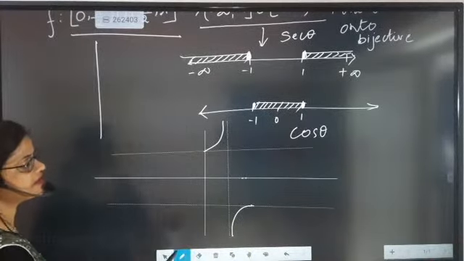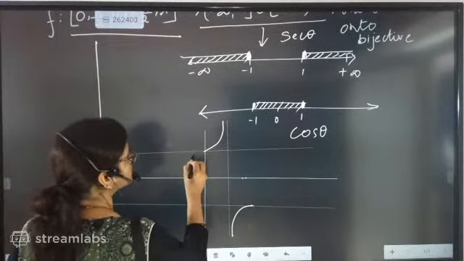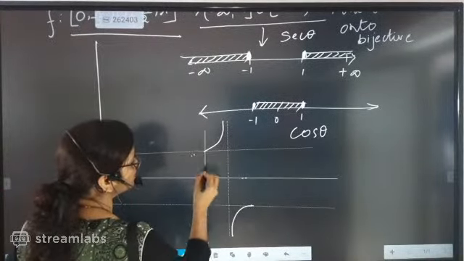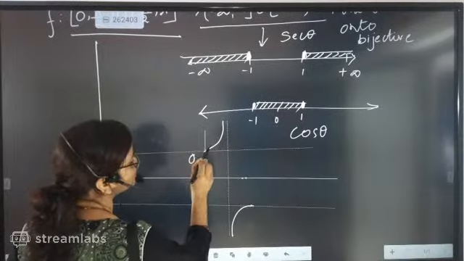Only this section we are taking for bijection. This part is 0, so here it will come 0.